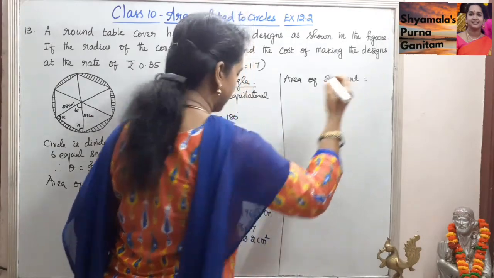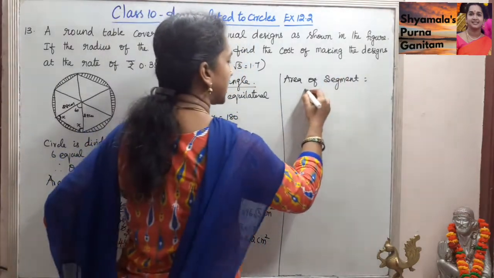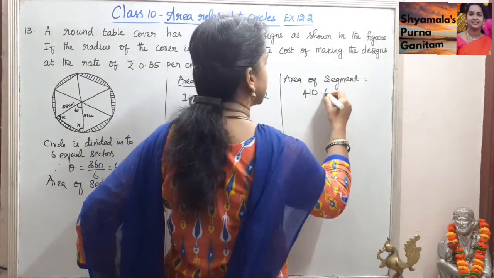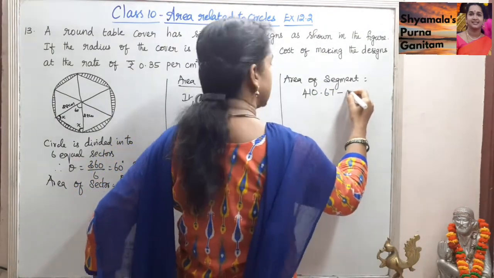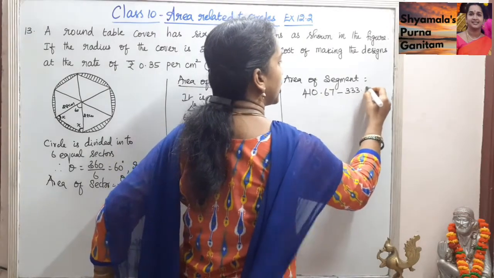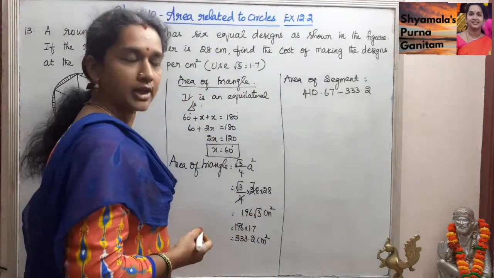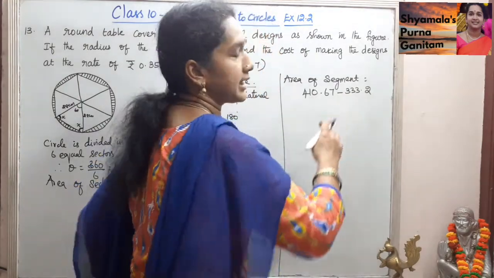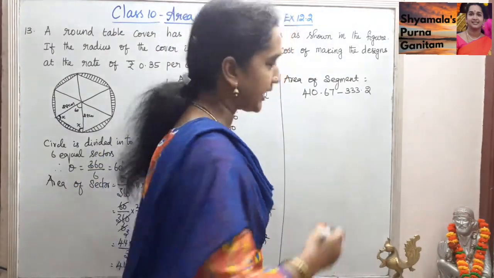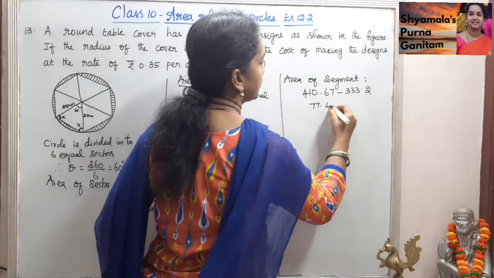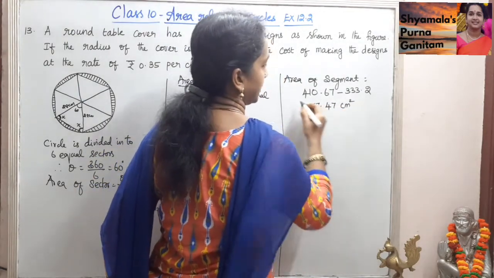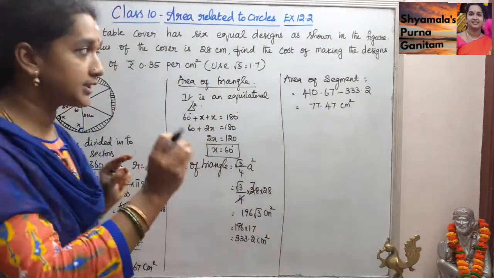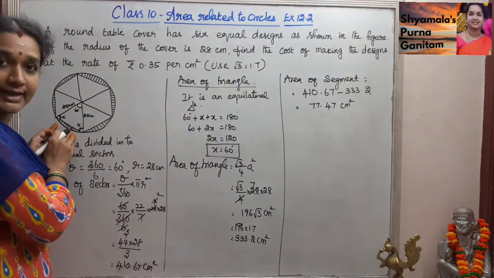So area of the segment is equal to 410.67 minus 333.2. When we subtract, we will get 77.47 centimeter square. So this is the area of the segment of one design.